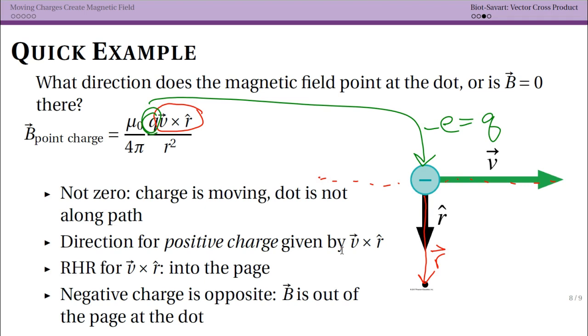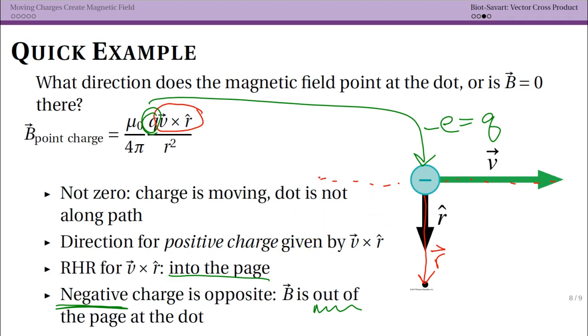So when we do the right-hand rule for V cross R, I start with my hand pointed along V and I curl my fingers down towards R hat. My thumb then points into the page. But I don't have a positive charge, I have a negative charge. So all you do is flip that around. Instead of into the page, it's now out of the page, or out of the screen.